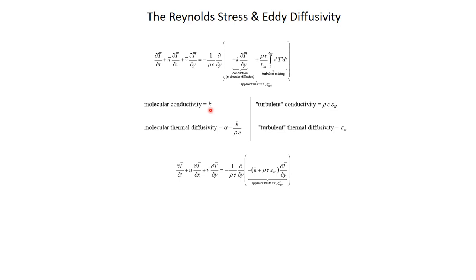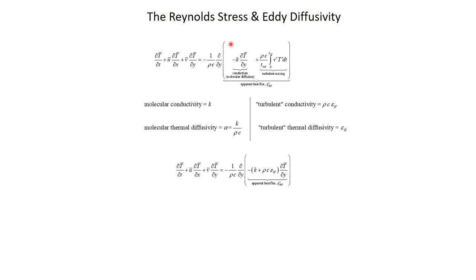If I divide the molecular conductivity by rho times C, I get the thermal diffusivity, right? Again, another property that tells us about the molecular energy carriers. If I divide the turbulent conductivity by rho times C, I get epsilon sub h. So you can think of this eddy diffusivity of heat transfer as being the turbulent equivalent of thermal diffusivity, right?